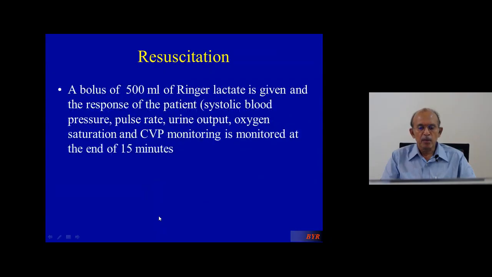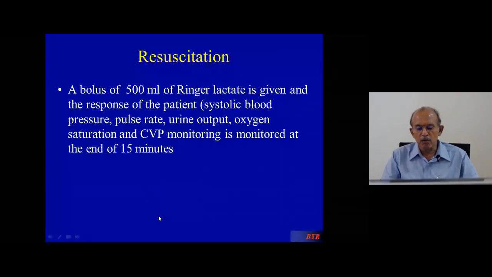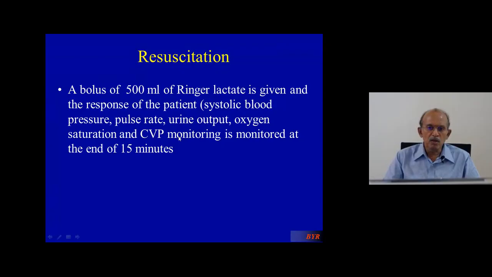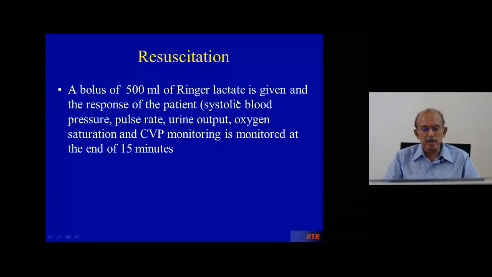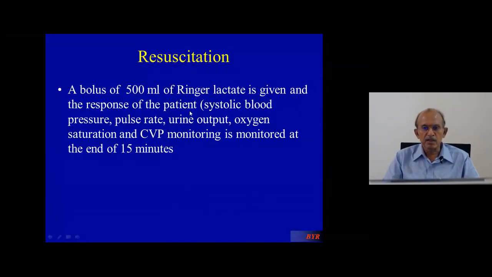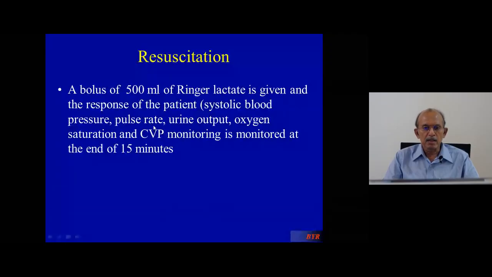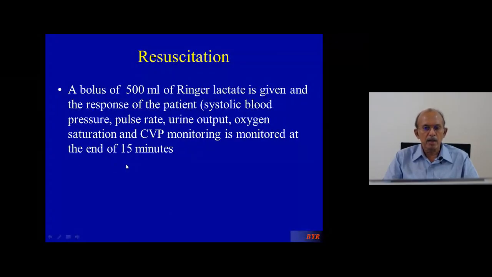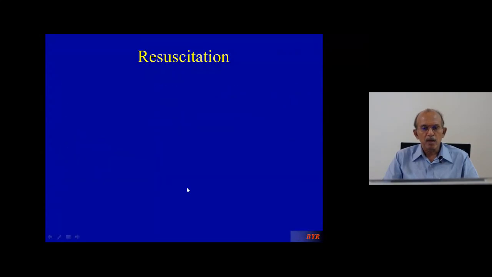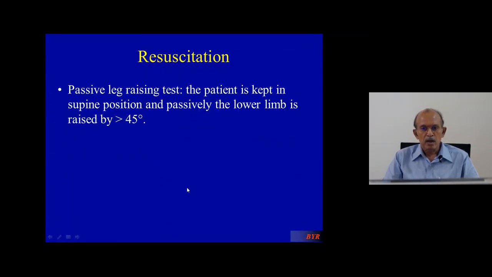So how do you give IV fluids? First you give a bolus of 500 ml of Ringer's lactate, and the response of the patient is monitored at the end of 15 minutes: systolic blood pressure, pulse rate, urine output, oxygen saturation, CVP monitoring. Or you can raise the lower limbs by 45 degrees.